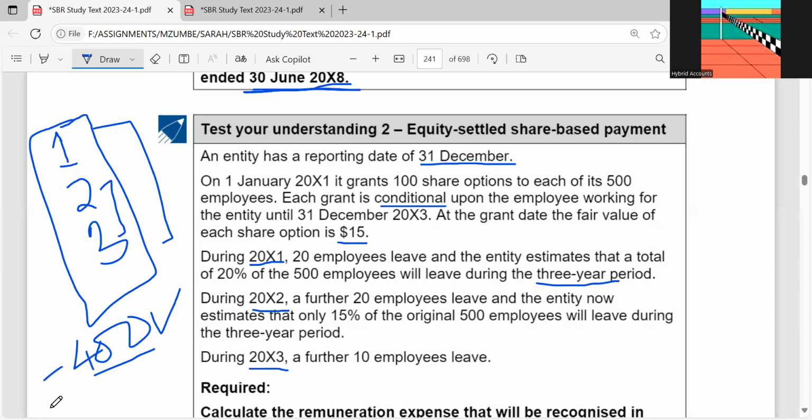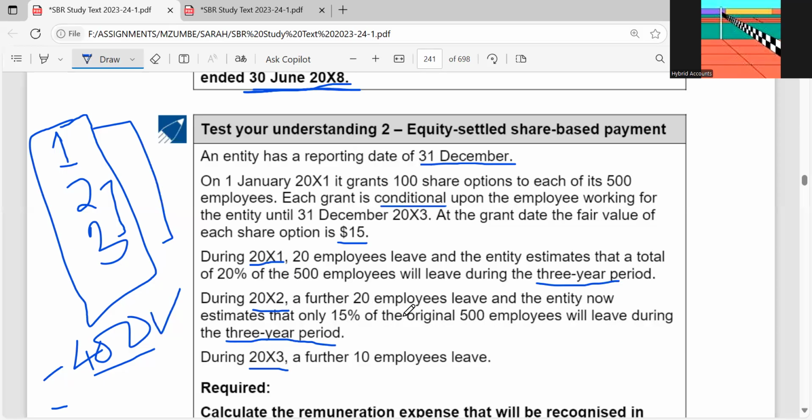This is year one. You'd come to year two and read the explanations. During 20x2, a further 20 employees leave, and the entity now estimates that only 15% of the original 500 will leave during the 3-year period. You see, it's also giving you information on all 3 years so you can use it. In reality, I would have said, okay, in year one, 20 left. In year two, 20 left. So I have 40.